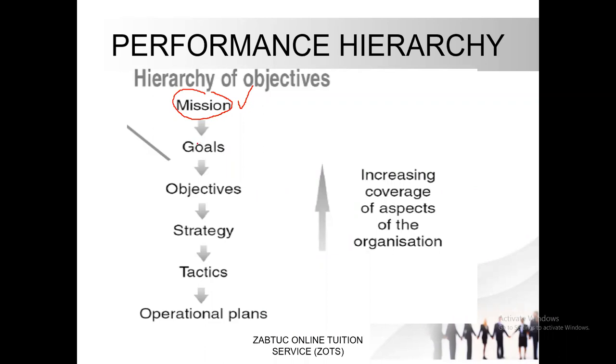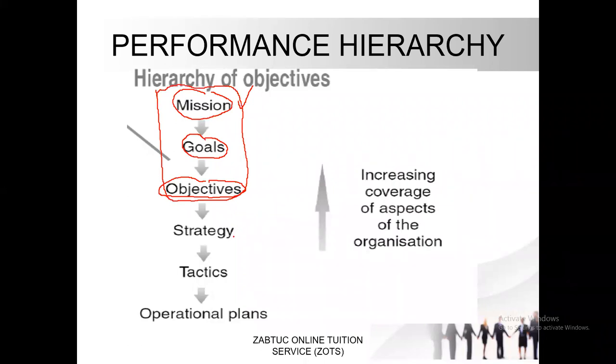We come up with goals, which are broad statements or aspirations of what we want to do. We narrow down to objectives, which are now much more specific in terms of time frames, in terms of who will do what and by when and how much.